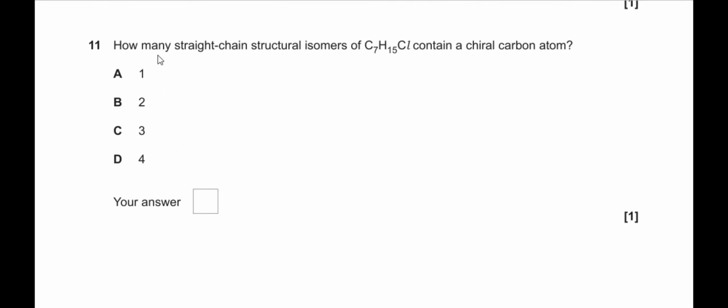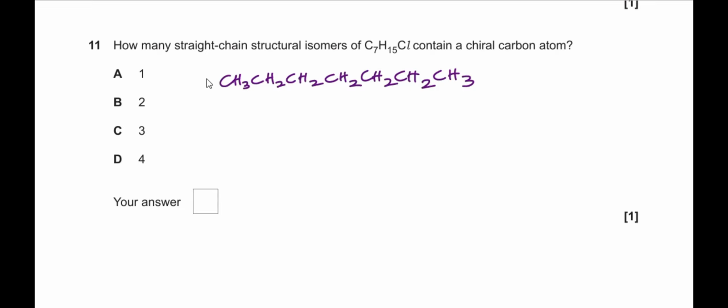Question 11. How many straight chain structural isomers of C7H15Cl contain a chiral carbon atom? In order to answer this question, firstly let us write the structure of a straight chain heptane. So CH3, CH2, CH2, CH2, CH2, CH2, 1, 2, 3, 4, 5, 6, CH3 here.